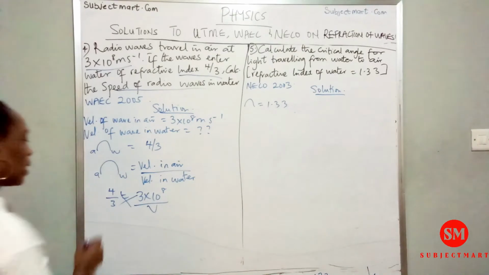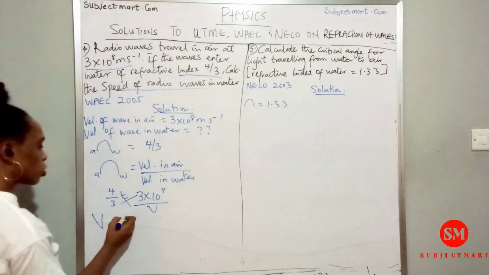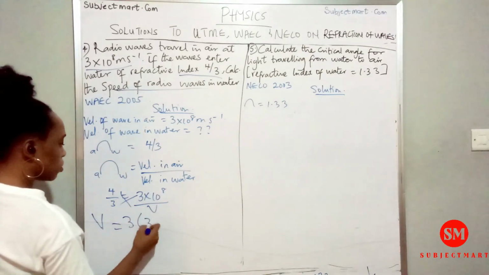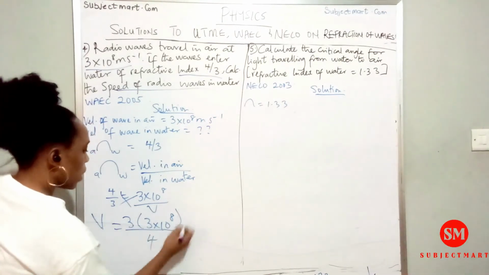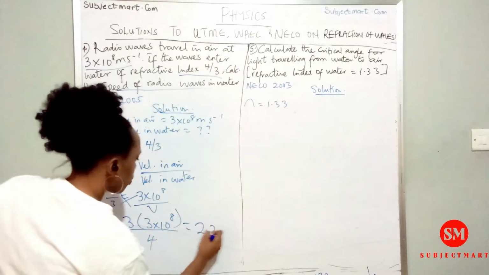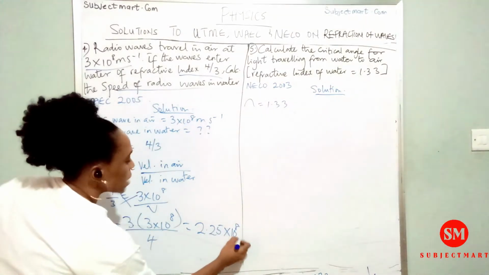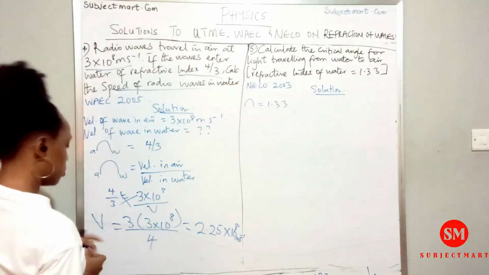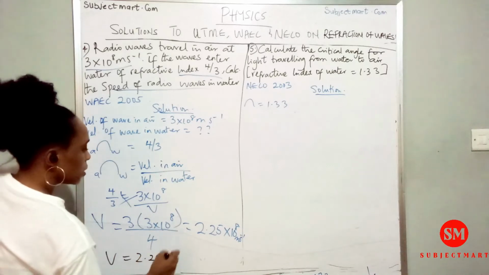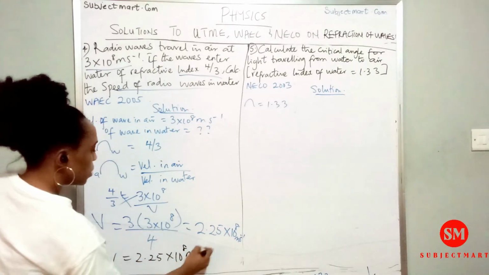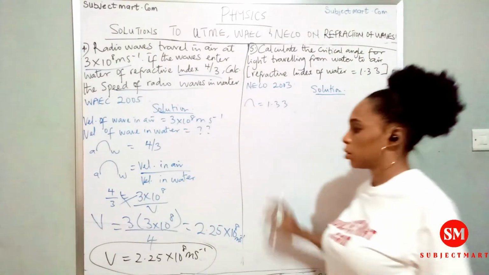If you cross multiply and make v the subject of the formula, I have v is equal to 3 times 10 raised to the power 8 all over 4, and this will give me 2.25 times 10 raised to the power 8 meters per second. So the velocity of the wave in water is 2.25 times 10 raised to the power 8 meters per second.